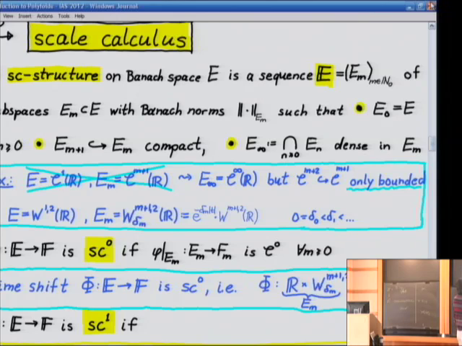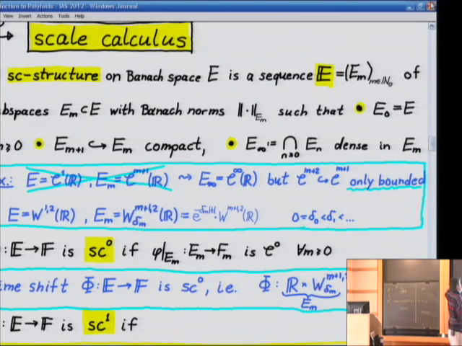And for all higher m's, these are nested subspaces, and the inclusion should be compact. It's also going to be dense momentarily, but we don't need to assume that for every level. We're just going to assume that the intersection over all of them, E infinity, is dense. Yes, sorry, the inclusion is compact.